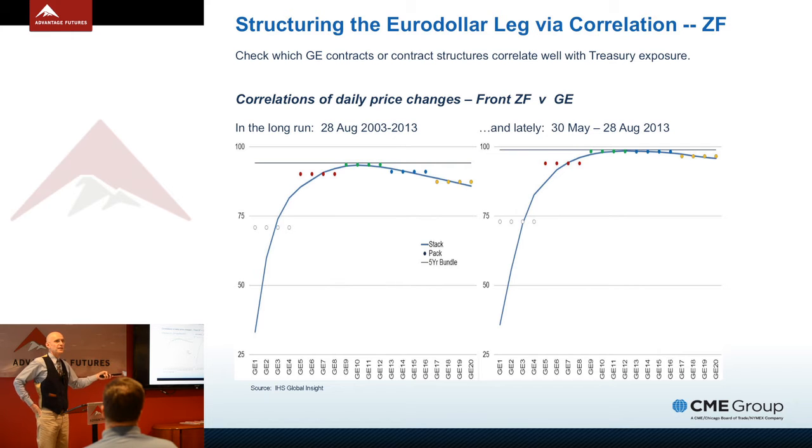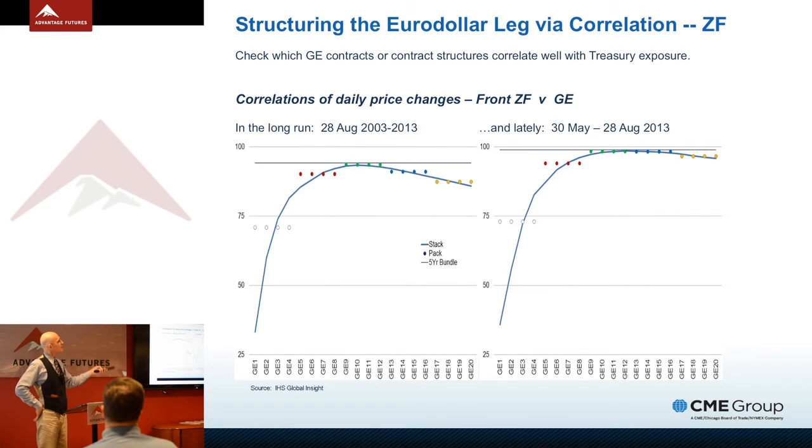They don't view it as a Treasury versus synthetic Eurobond spread. It's just a Treasury exposure versus some Eurodollar exposure. That Eurodollar exposure could be a bundle, it could be a pack, it could be a stack built on an individual contract. It really can be whatever you want.